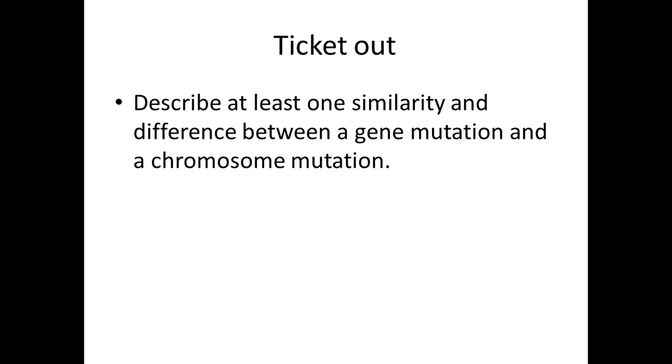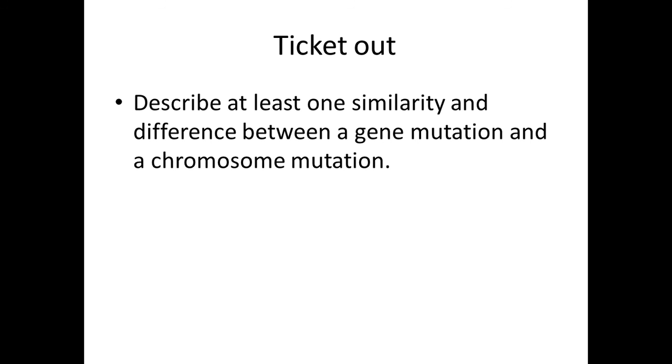So I want you to be thinking about this just to kind of think about it for now. I'll explain it in just a minute. You can probably pause your video if you don't want me to give you the explanation. But my question is, describe what's the difference between a gene mutation and a chromosome mutation.